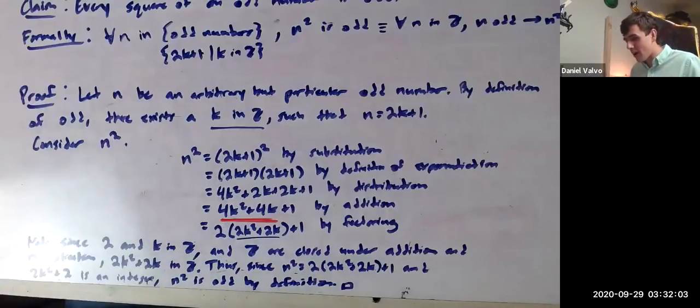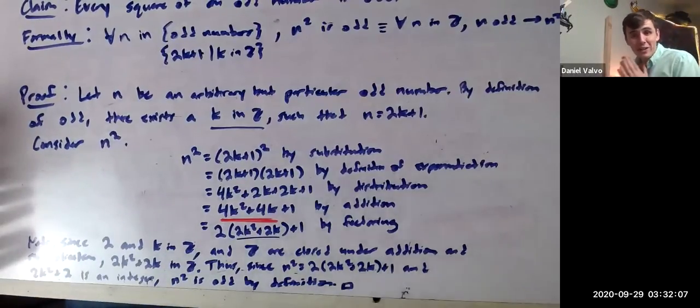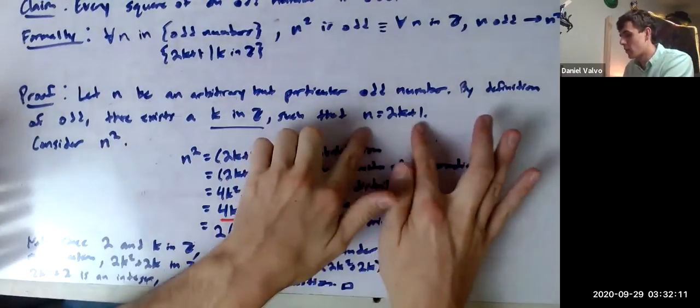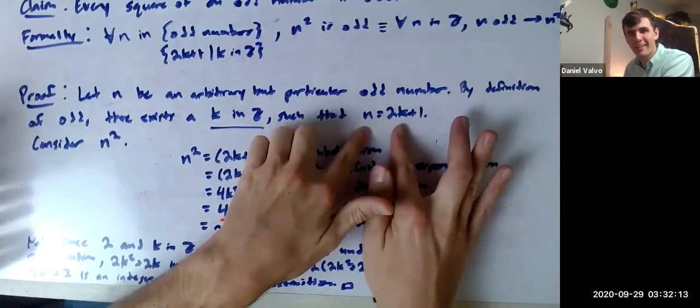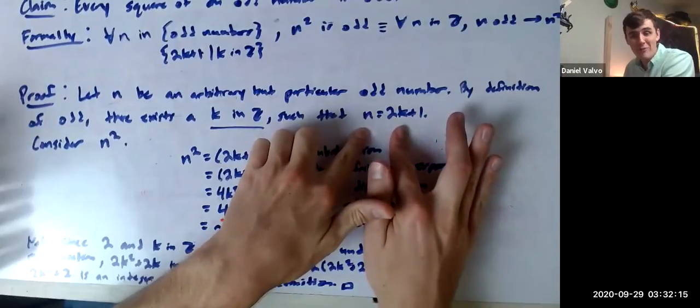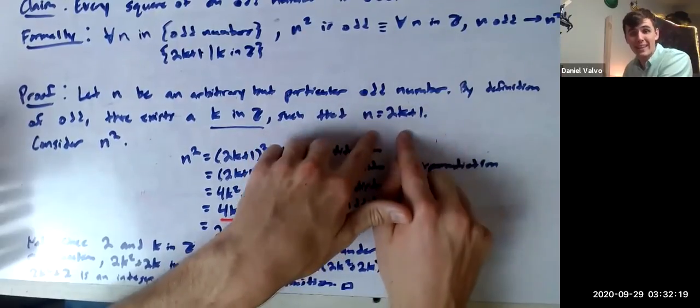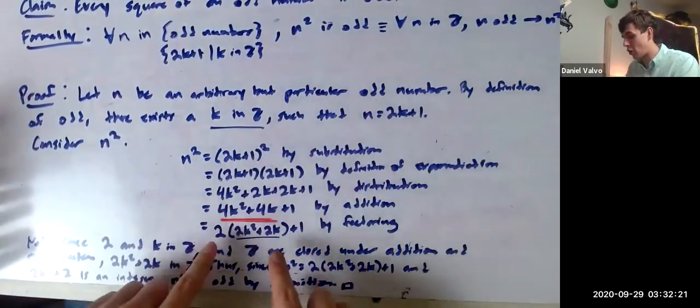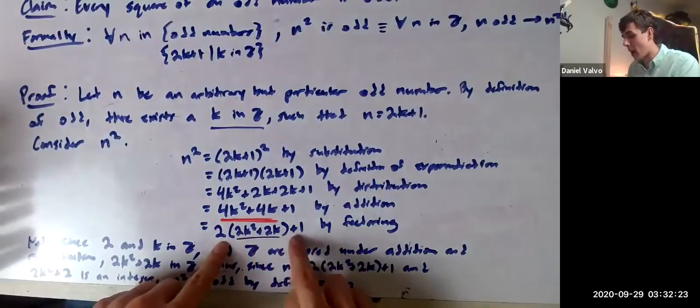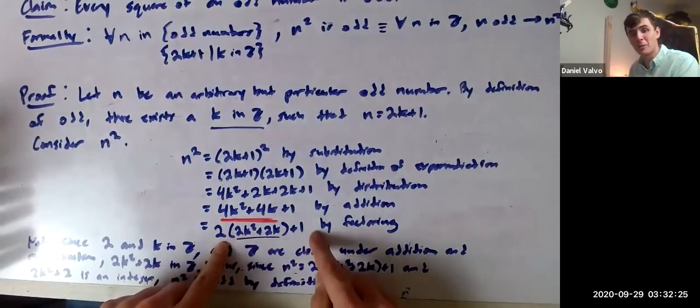Right here, all we did is say that the property of a number being odd is that it can be written 2k plus 1 for some integer k. Once you have that, you can square it and it'll look like 2 times an integer plus 1.